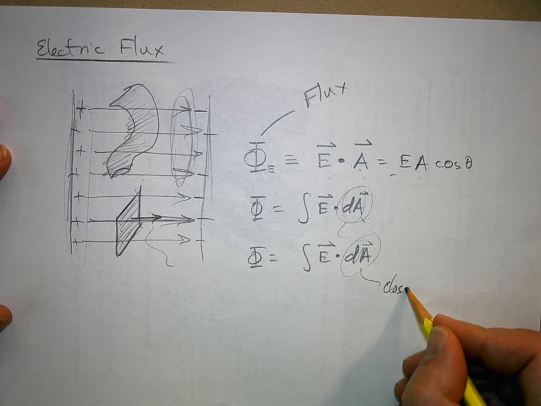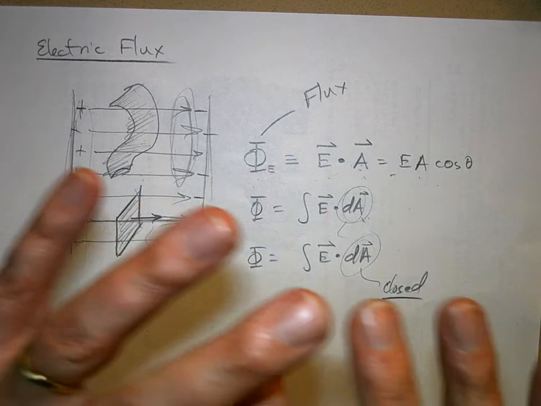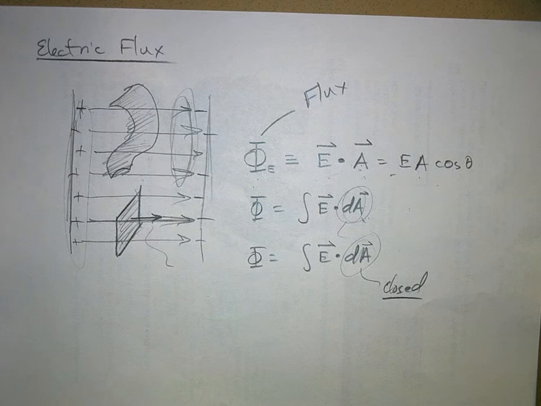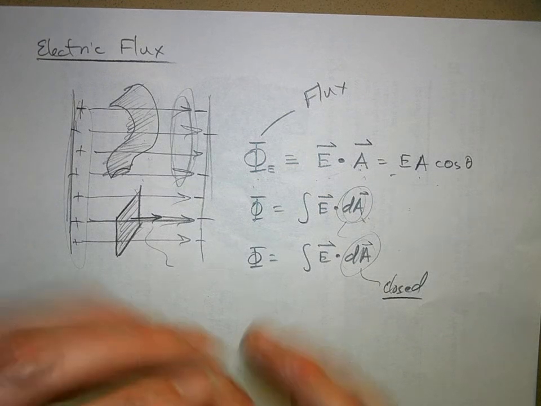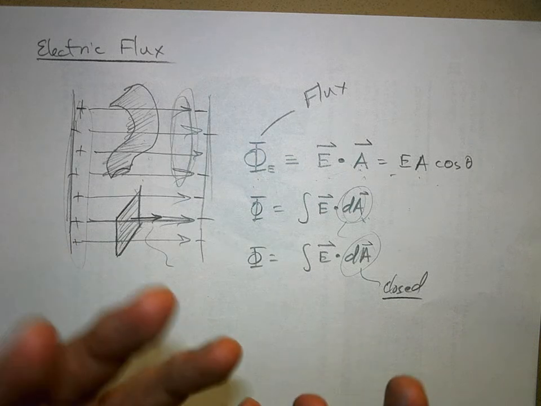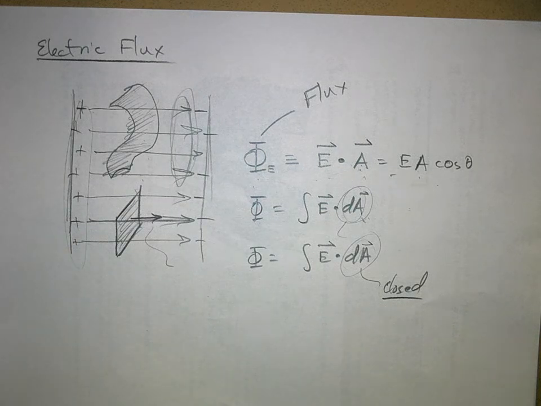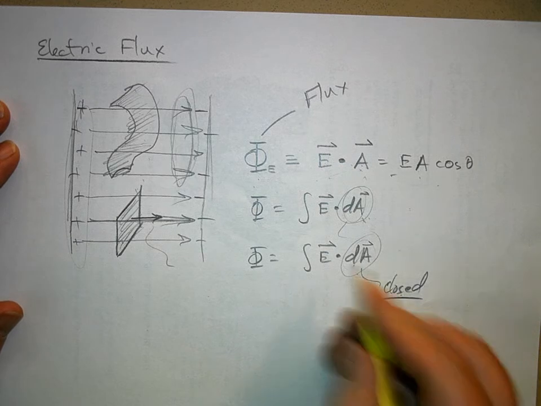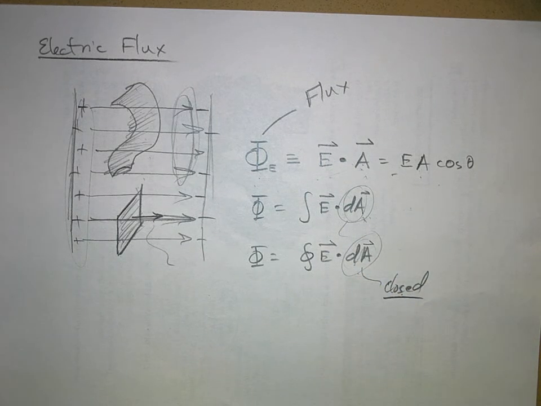It means you have a surface area that completely encloses a volume of space, like a closed box or a ball or anything. It rotates through three-dimensional space and closes in on itself, enclosing a volume. Well, if this is a closed surface, we say that's a closed surface integral. That's such a special situation that they have a special integral sign for it.